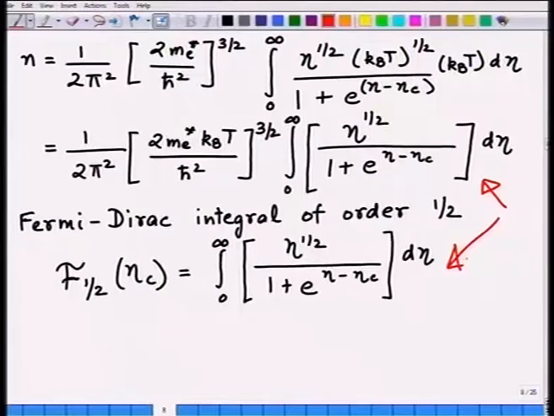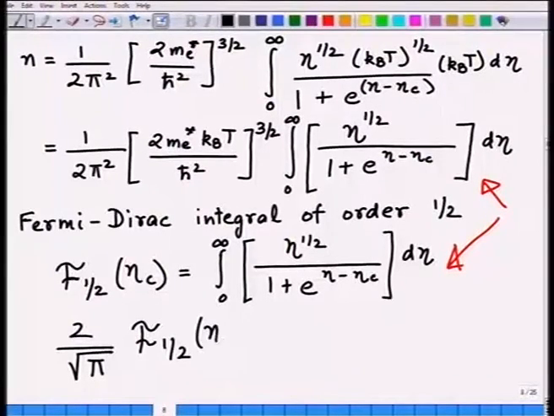Okay, so if that is the case, then I can write, I am going to introduce not this. Often this Fermi function is not tabulated, often it is common to tabulate instead a quantity called 2 by root pi, this function which I have just written out. So, what I am going to do is, I am going to separate out 2 over root pi.